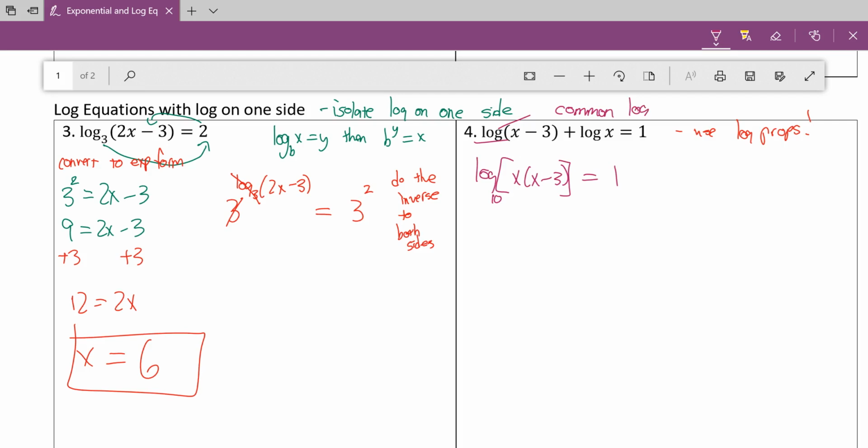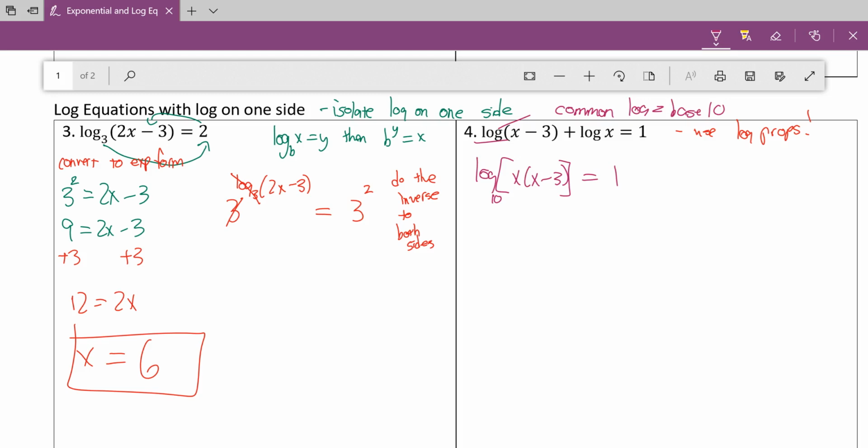Notice I use the brackets here because I want to make sure I'm multiplying x by x minus 3, not just x by one of those things. It has to distribute to both.